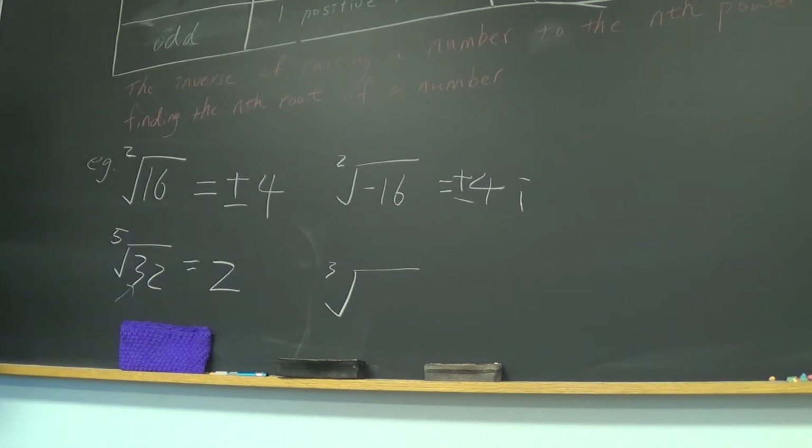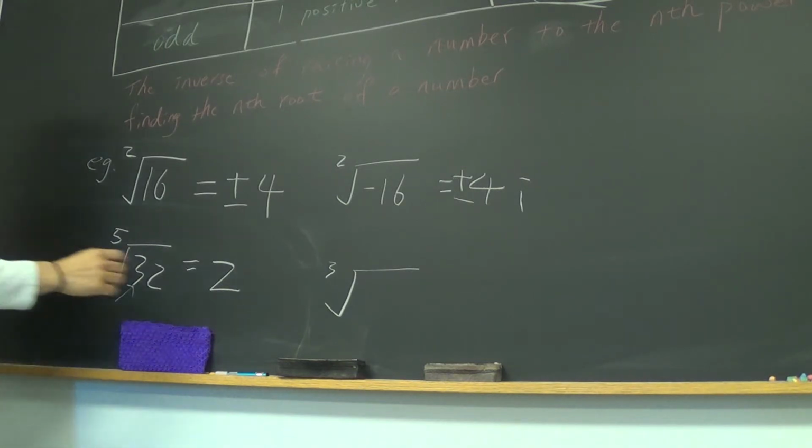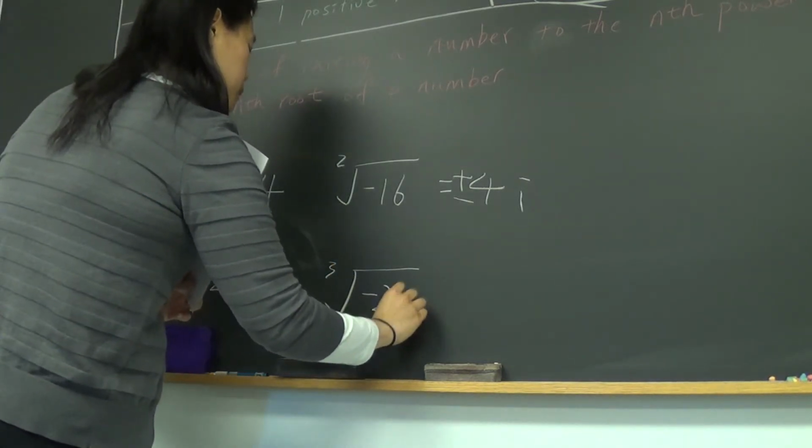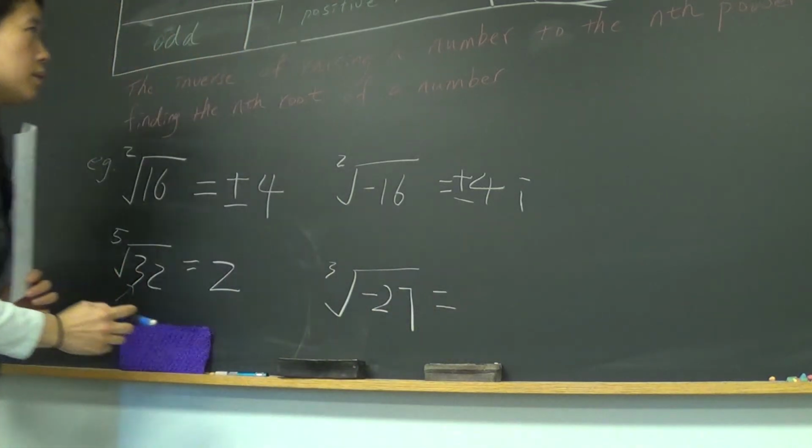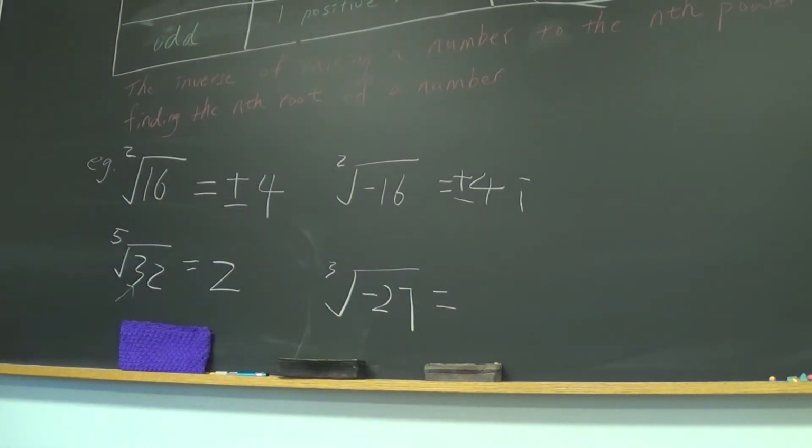Any radicand b that's less than 0. You want to do negative 27? So what would the answer be? Plus or minus 3i.